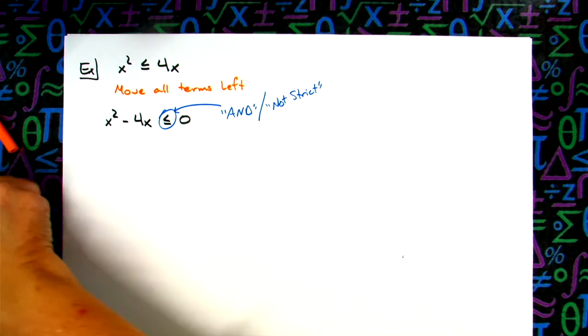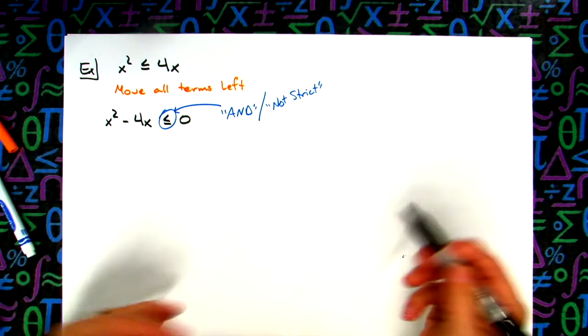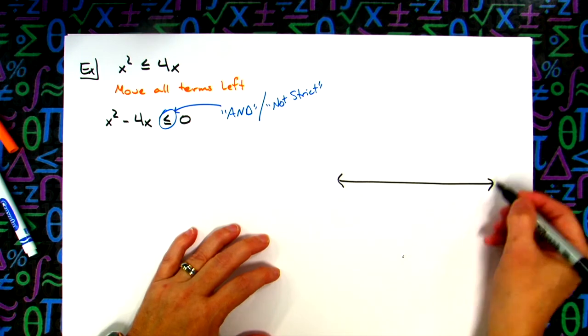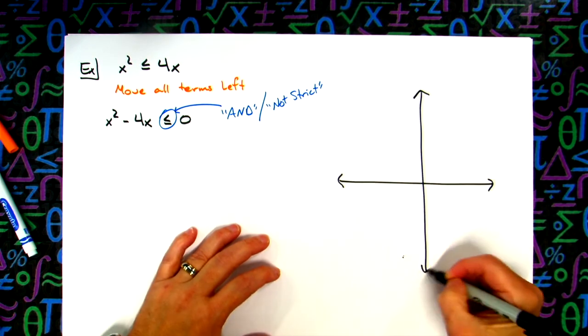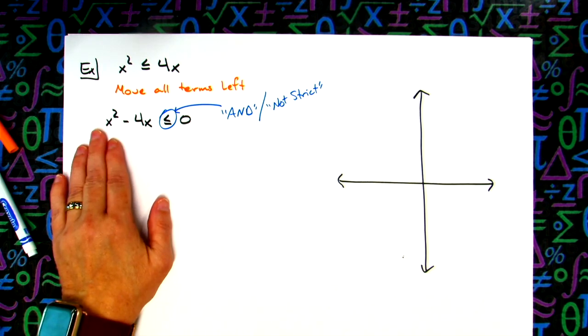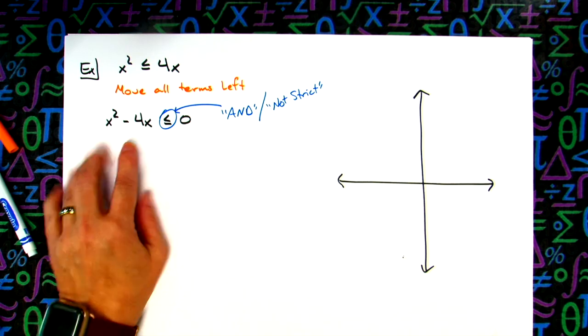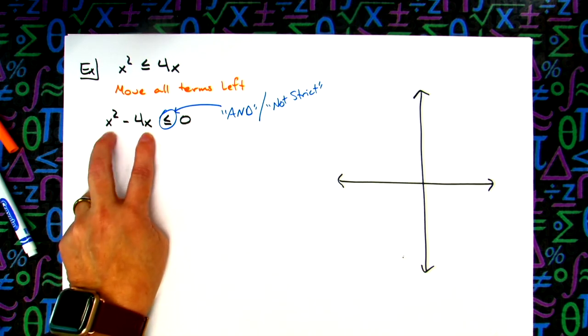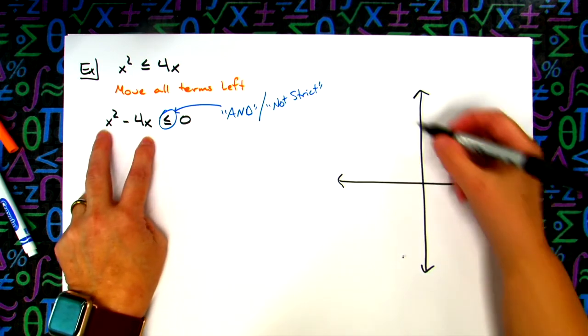So again, if I do the sketch first, because I just want to think about it, what do we know about this quadratic? Well, it's a positive leading coefficient, so it's going to be upright. I don't have to be really precise, although I am going to be kind of precise because I can look ahead and know where my 2 zeros are.